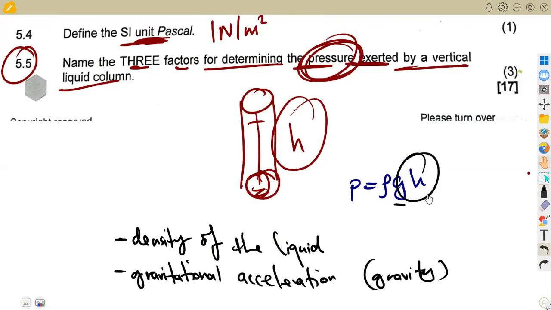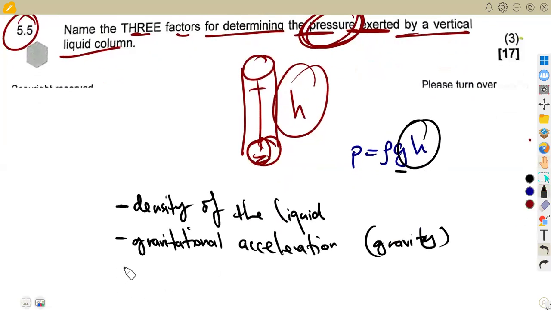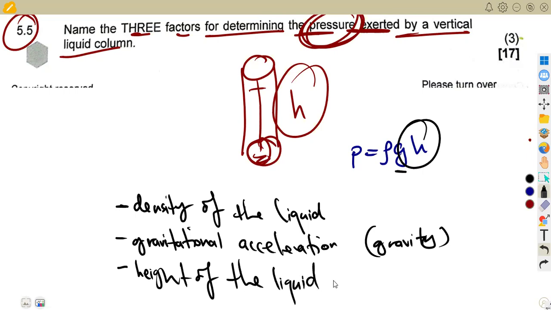Then the height, which is the height of the liquid column, going up.